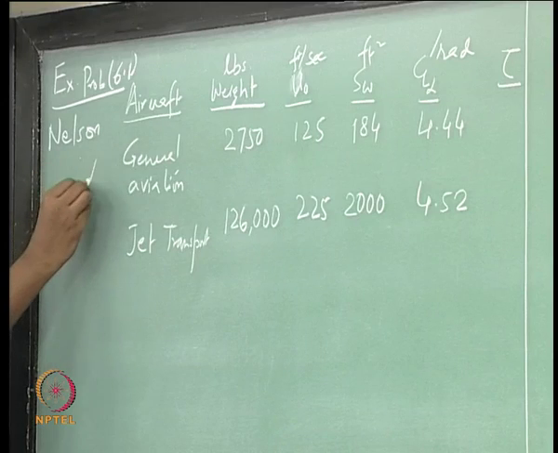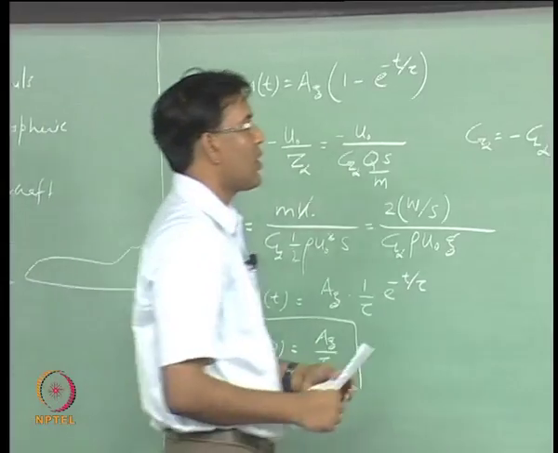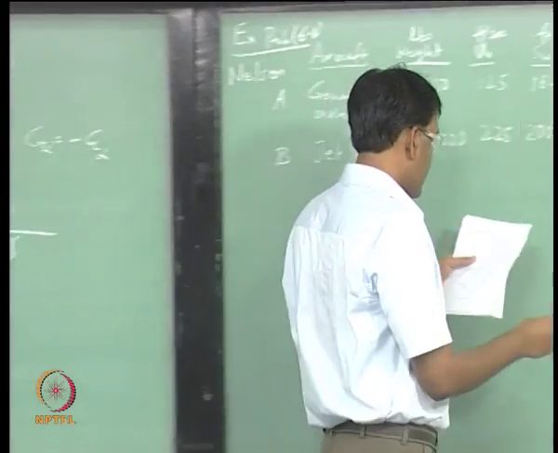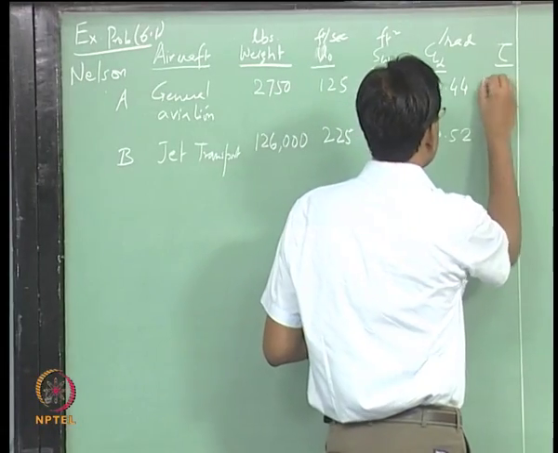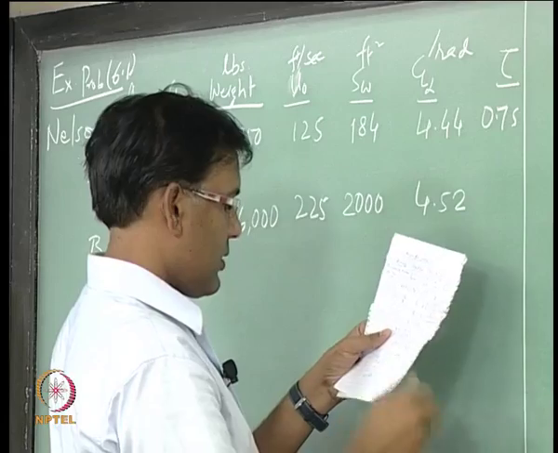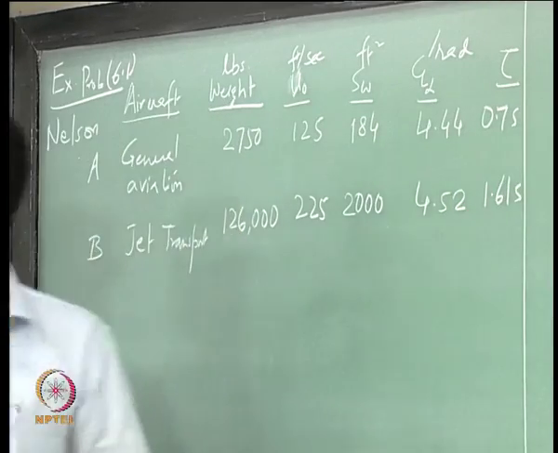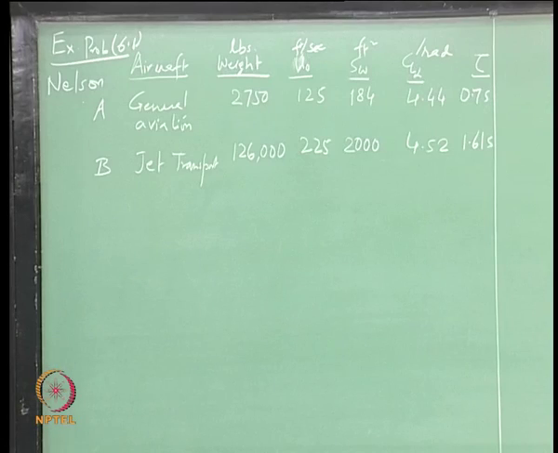Okay. So, aircraft A and B. So, you know everything from here, right. So, you can find out what the time constant is. In one case it is 0.7 seconds, the other one is 1.61 seconds. Okay.